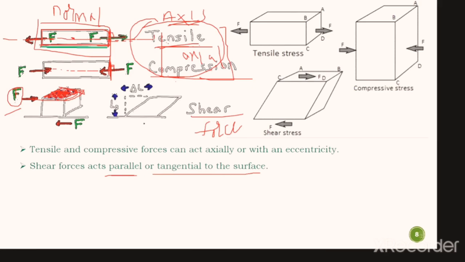Okay, so now if I am applying tensile force F over here, what is happening is the horizontal dimension is going to increase, right? So what happens to this depth of the member or width of the member? Do you know that? It is going to decrease.